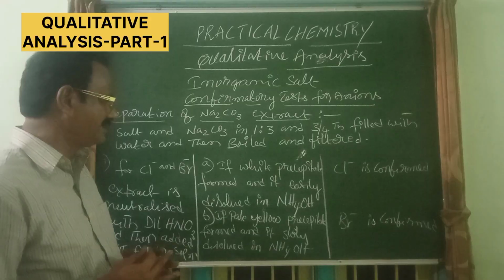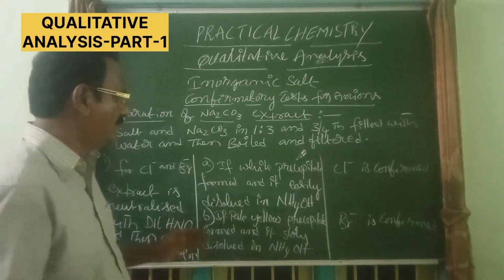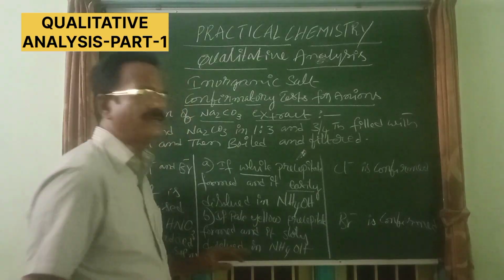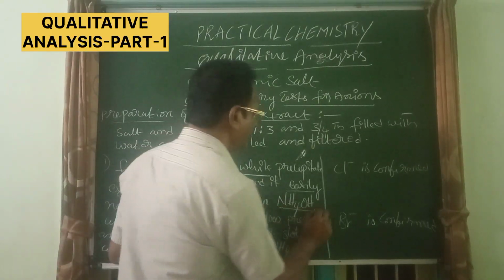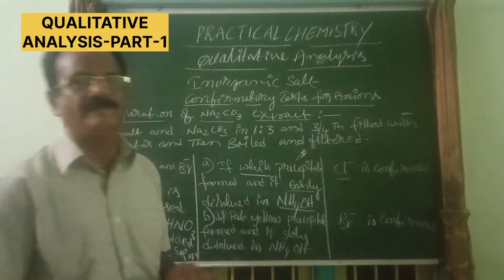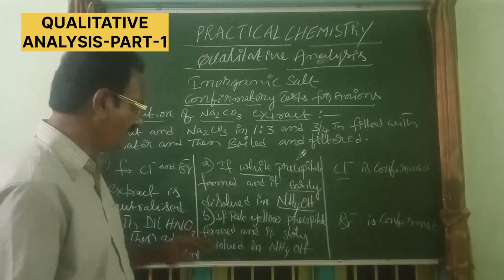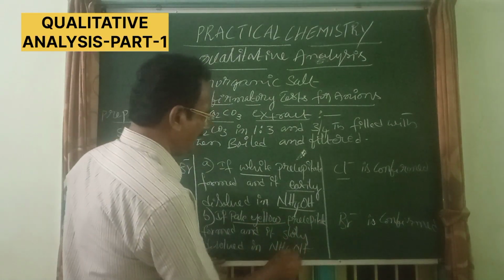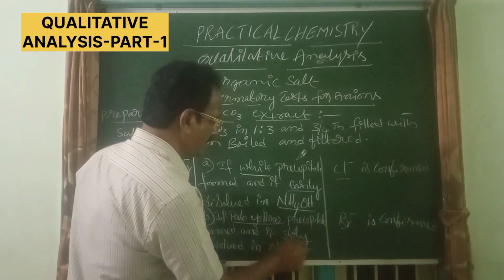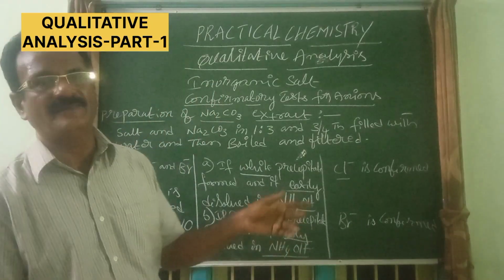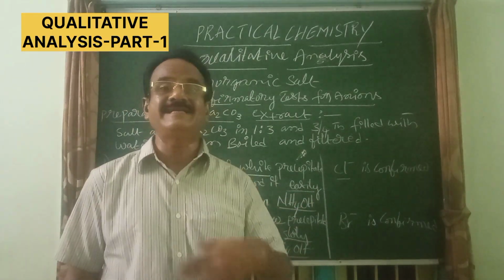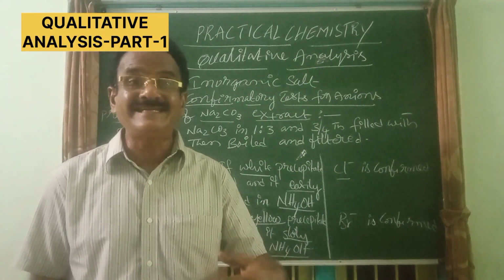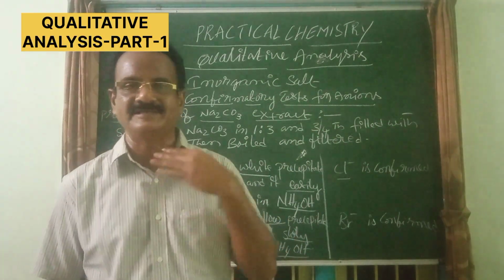So the important thing to observe: white precipitate that easily or rapidly dissolves in NH4OH, then Cl minus is confirmed. If pale yellow precipitate that slowly dissolves in NH4OH, then Br minus is confirmed. If there is I minus, a yellow precipitate will form and it doesn't dissolve in NH4OH.